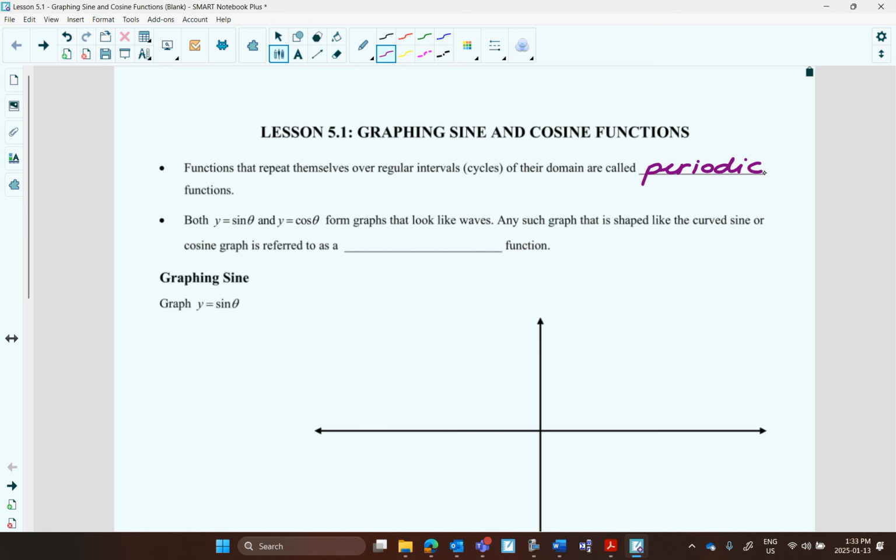They follow the same pattern over certain periods. Another thing that we also refer to them, and these are sine and cosine functions because they're like a wave pattern, is we call them sinusoidal.